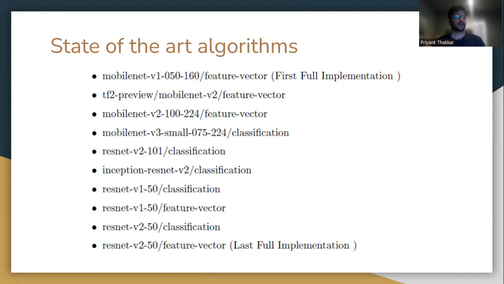I tried to perform at least 10 state-of-the-art algorithms that are available on the TensorFlow platform itself, and we're going to discuss their accuracy and results in the next slide.